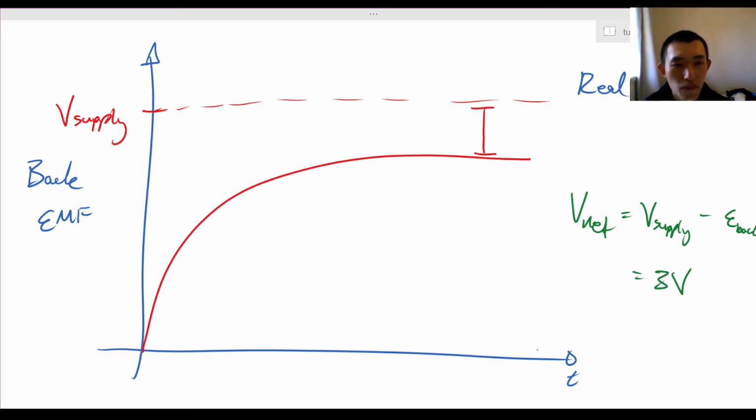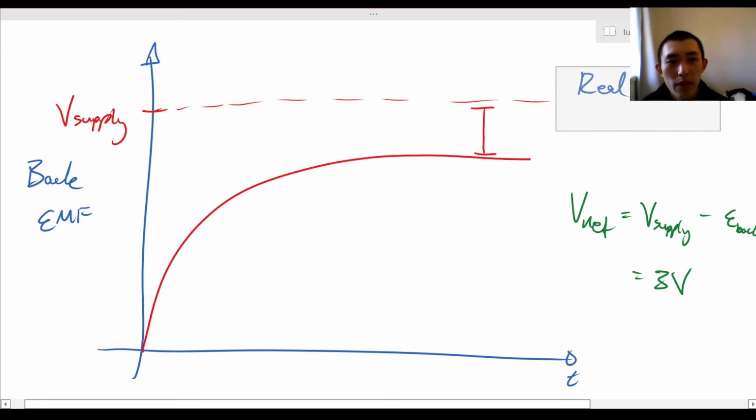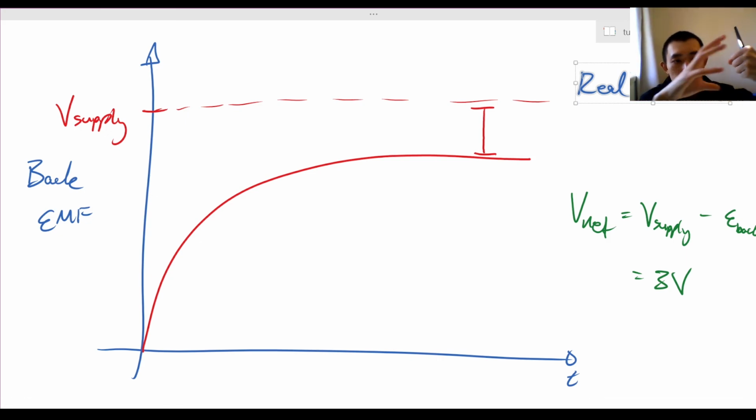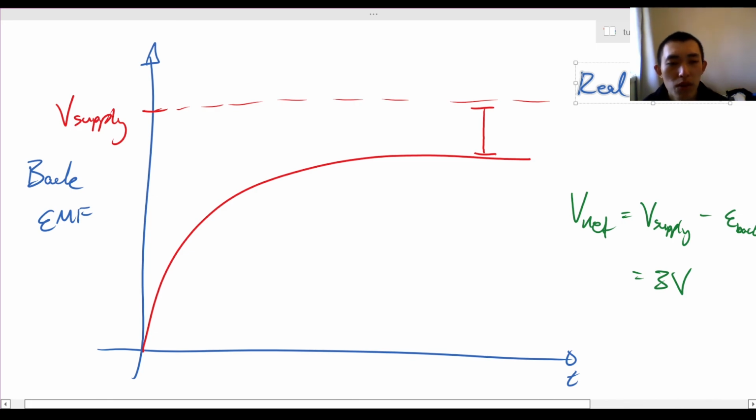So it seems even after an infinite amount of time, we still need to have some net voltage there, some 3 volts. Why? Well, remember, this is the real world. There's going to be energy losses to things like air resistance, friction with the bearings, because obviously a motor has to rotate, so there's going to be a bearing. There's some friction there. You might have resistance of the wires. All of these things are going to create losses.